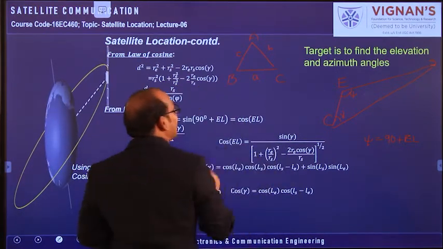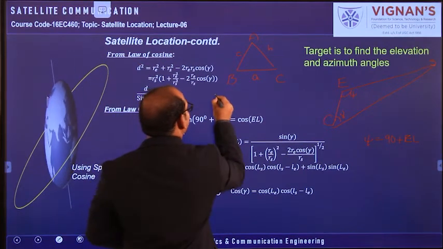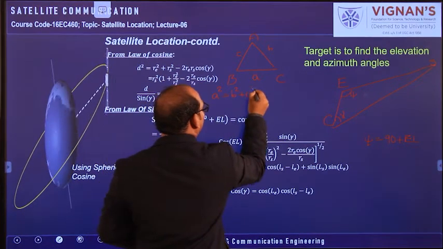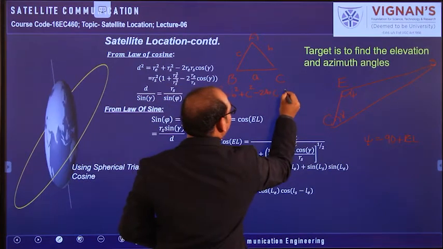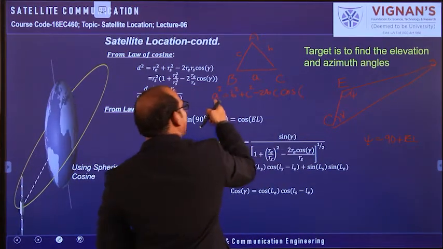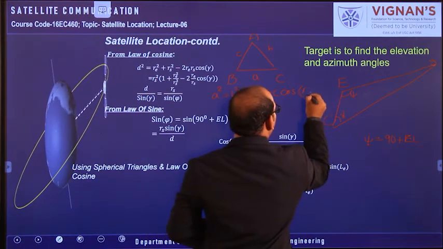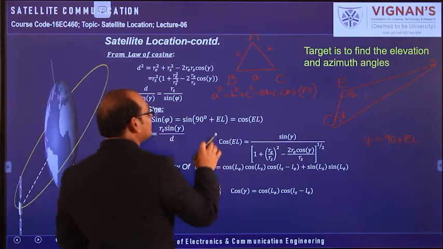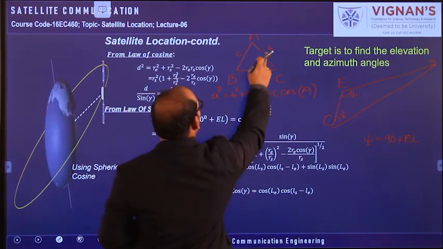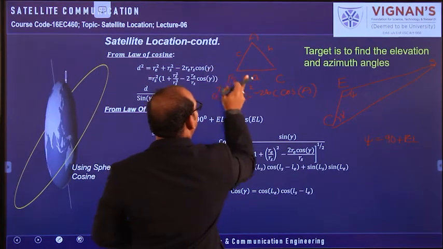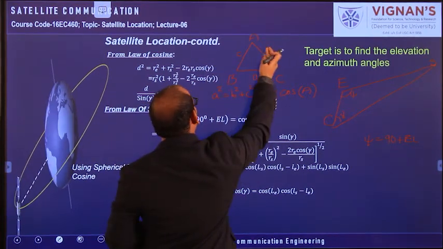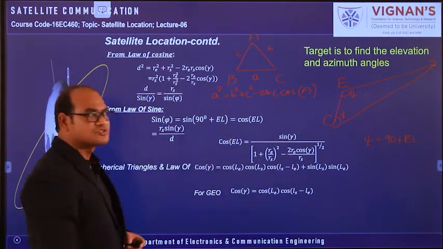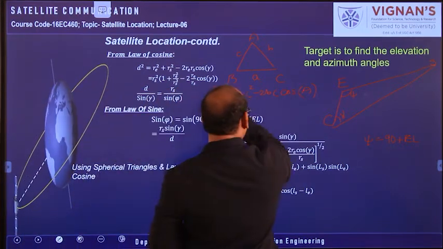For this triangle, I will write the law of cosine for one side, for example a square is equal to b square plus c square minus 2bc cos of the angle opposite to side a, that is capital A. Similarly, you can write equations for b square and c square. b square is equal to a square plus c square minus 2ac cos of the angle opposite to side b, which is capital B. Similarly, you can write it for c square also. This is called the law of cosine.